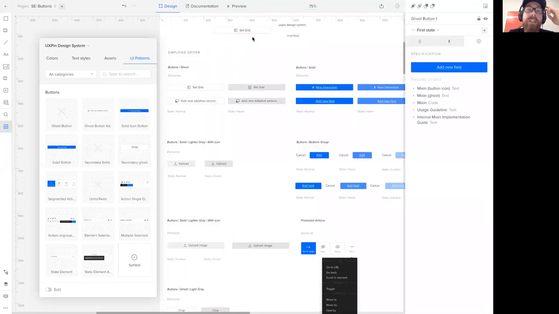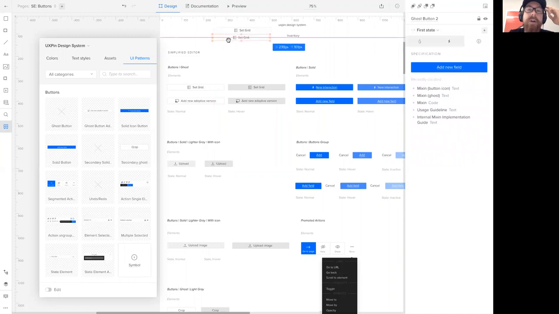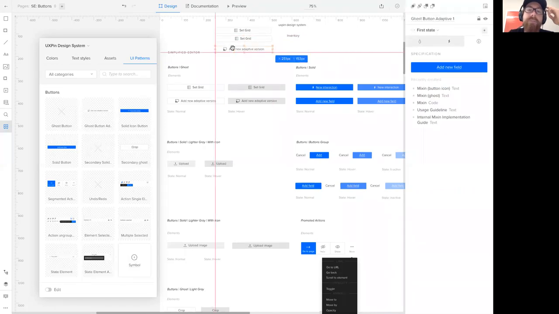And what it really comes down to is that whenever I drop a bunch of symbols, it doesn't make any sense from the design perspective, but let me, for the sake of an example, drop a couple of them here. Every instance of this button is going to appear, let's load the preview, with this attached documentation in place. So just give me a second.